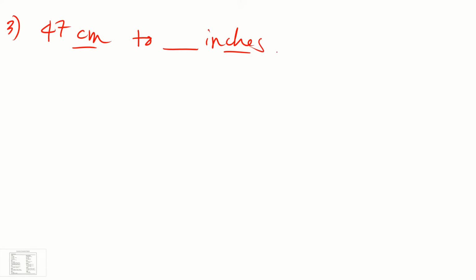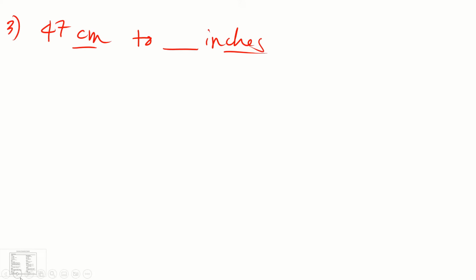Let's have another example. Suppose you would like to convert, example number 3, convert 47 centimeters to its equivalent value in inches. So this is from metric, and we convert it into English units. How many centimeters are there in an inch?